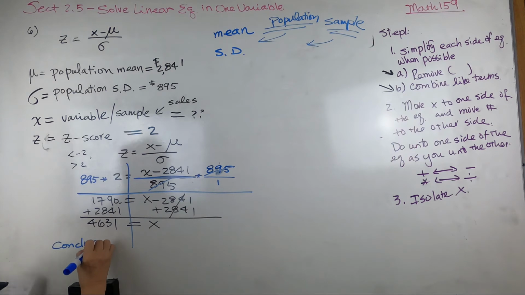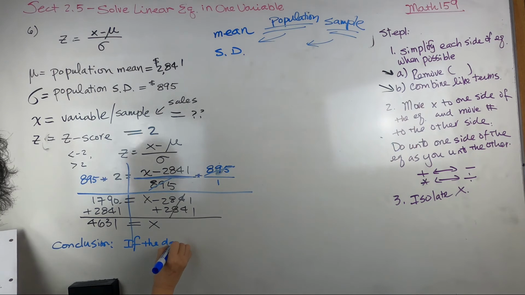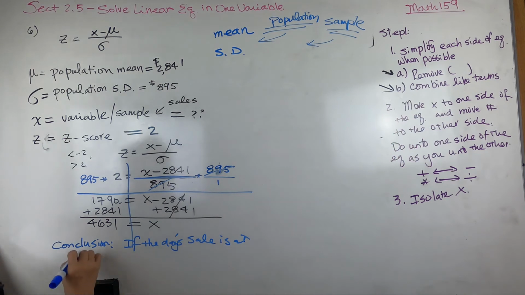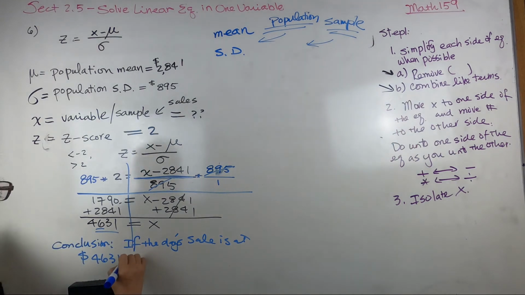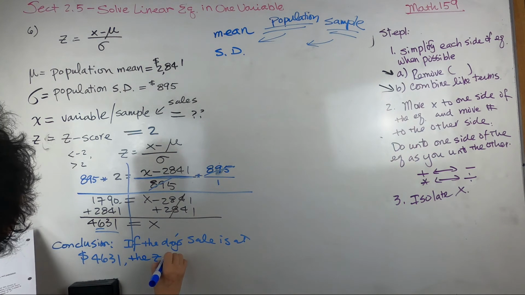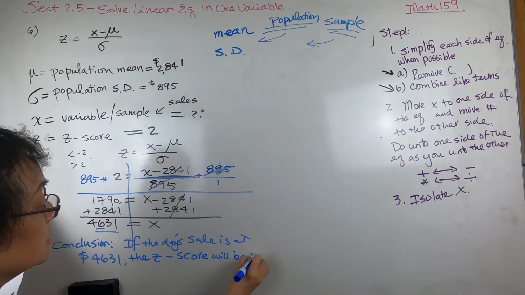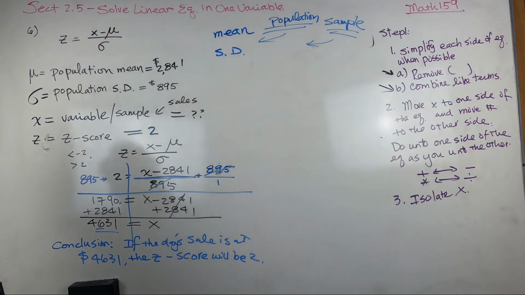The conclusion we can make is that if the day's sale is at this amount, a dollar amount we are talking about, $4,631, then the z-score will be 2. That's what they want us to find. When the z-score is 2, what's your day's sale? It is 4631.